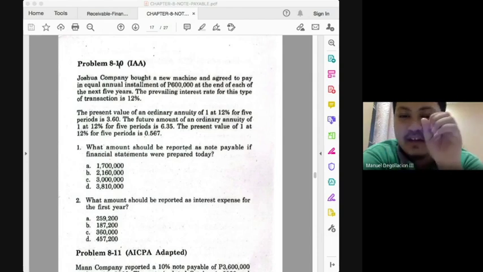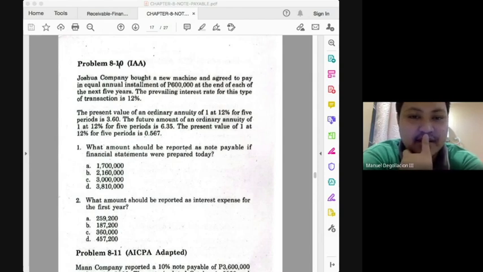That is, we are expecting five 600,000s, and we expect to receive these 600,000s at the end of each of the next 5 years.